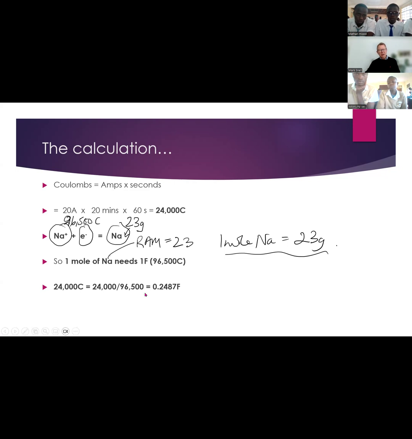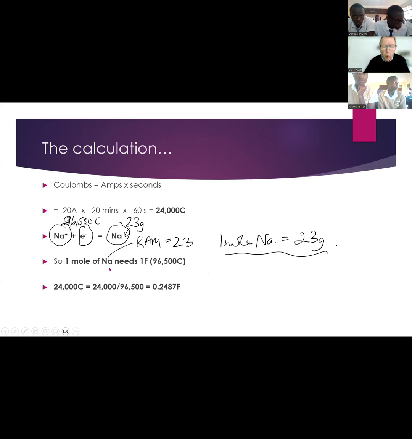Okay. So we say, okay, how many Faradays have we got? Well, 24,000 isn't a Faraday because a Faraday is nearly 100,000. So we divide the number of coulombs we've got by the number of coulombs in 1, and we get 0.25, about a quarter, 0.2487 Faradays.